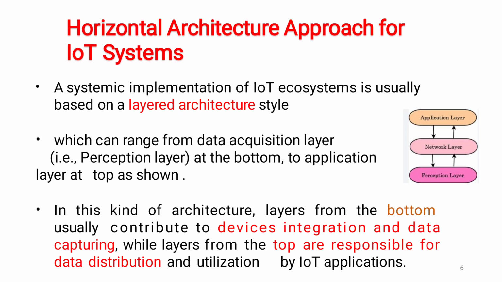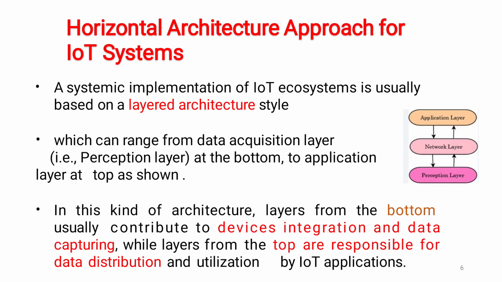Horizontal architecture approach for the IoT system. A systematic implementation of IoT ecosystem is usually based on the layered architecture style, which can range from data acquisition layer at the bottom to application layer at the top as shown in figure.